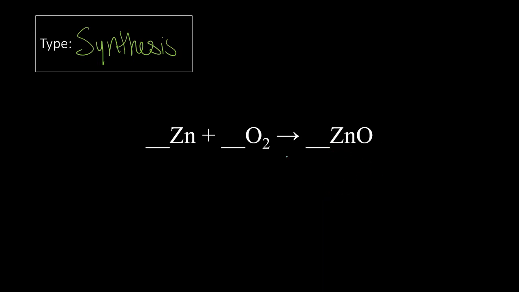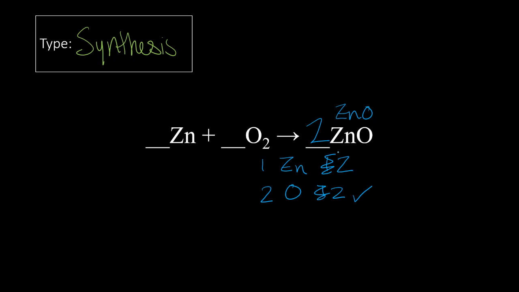So we're going to follow the same procedure. List out the elements, count them up, 1, 2, 1, 1. This is decently simple. You only have 2 elements here. The only one off balance to start is oxygen. So if I add another zinc oxide over here for a total of 2 of them, it'll give me 2 oxygens, and it'll also give me 2 zincs. So oxygen is balanced.